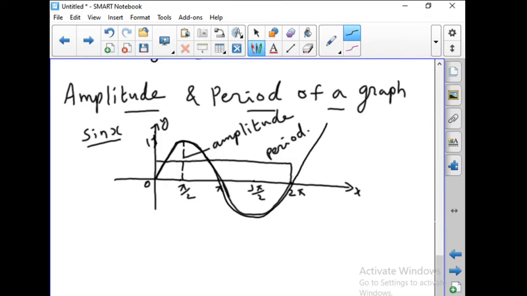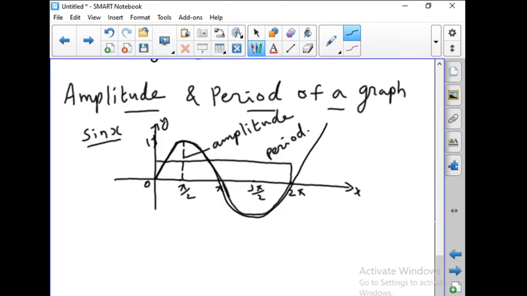The entire graph is repetitions of the portion on either side of the interval 0 to 2 pi. So y equal to sin x is periodic with period 2 pi. The portion of the curve corresponding to 0 to 2 pi is called a cycle, and its amplitude is 1. It completes one cycle from 0 to 2 pi. Therefore the period is 2 pi.